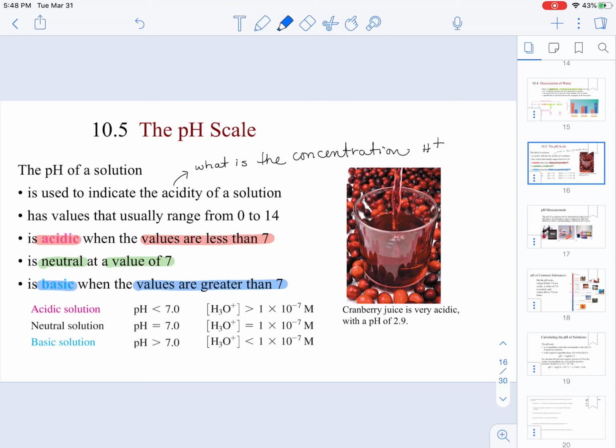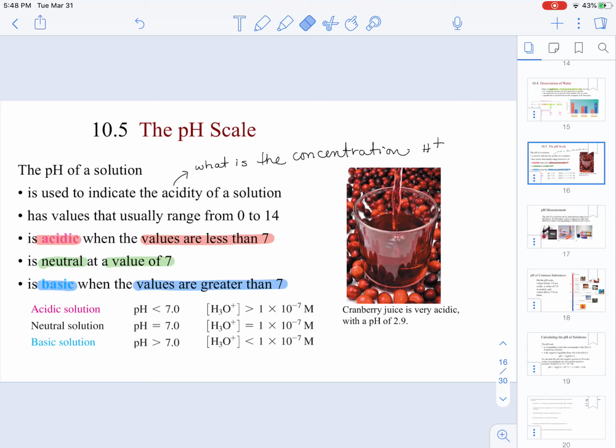When it comes to a neutral solution, because the pH is 7, the concentration of H3O+ equals 1 times 10 to the negative 7. In a basic solution, because the pH value will be higher than 7, the concentration of H3O+ will be lower than 1 times 10 to the negative 7.